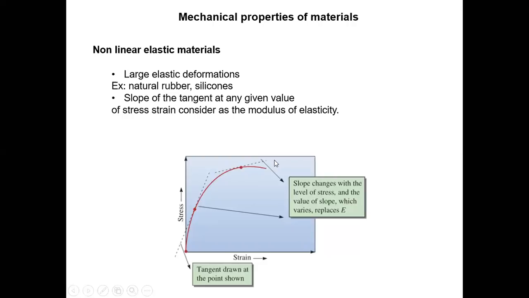Depending on the level of stress, the slope changes, and the Young's modulus, that means the slope, varies. So we don't define one certain value for modulus of elasticity for such materials. We define it for a particular point, at a stress point, the slope. Right? This is for non-linear elastic materials.